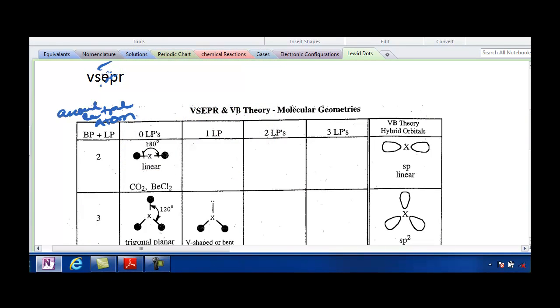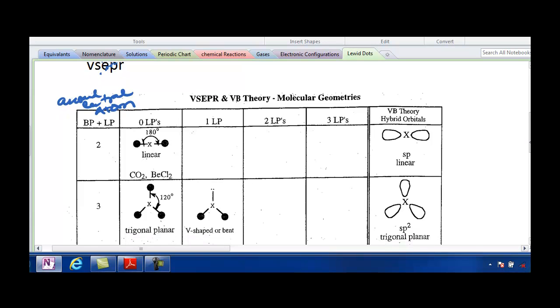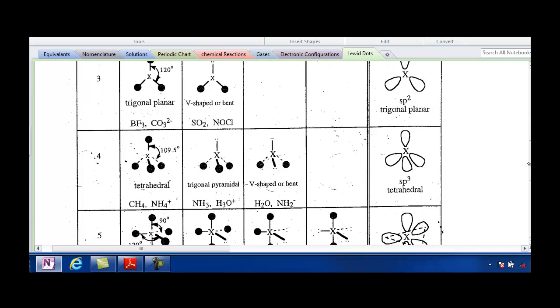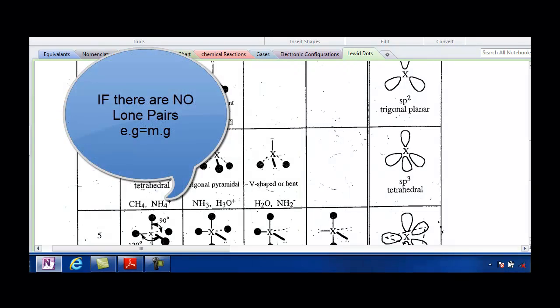Okay, so I look at my central element, and in the case of CH4, my central element is what? C. And I have 4 H's. So I have 4 bonding pairs. The electronic geometry is tetrahedral. The molecular geometry is also tetrahedral. They're both the same. So if I don't have any lone pairs, the electronic and the molecular are the same.